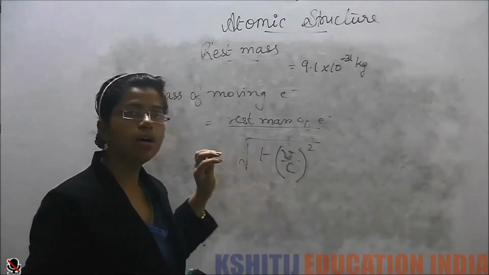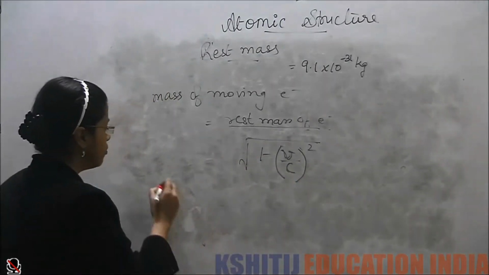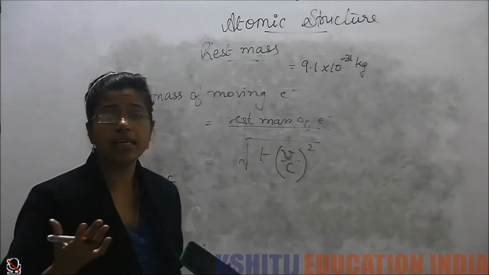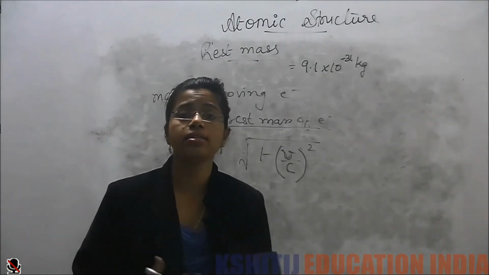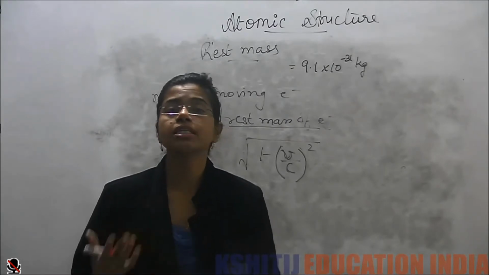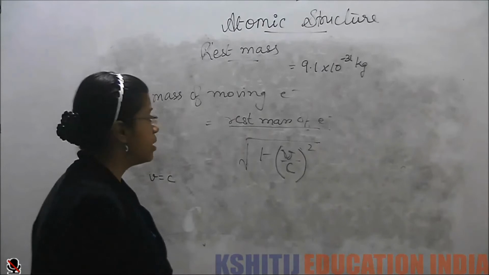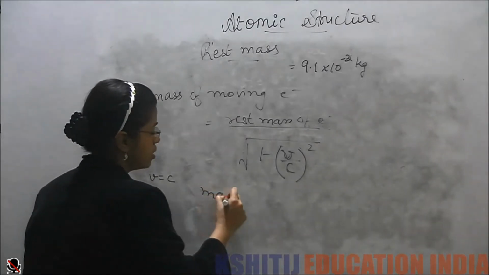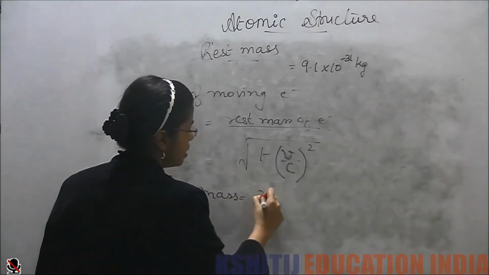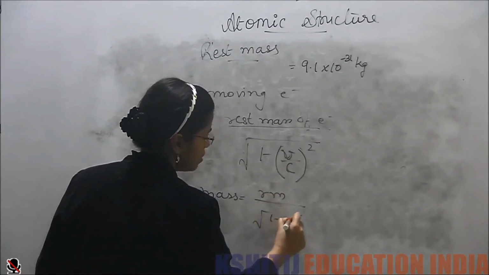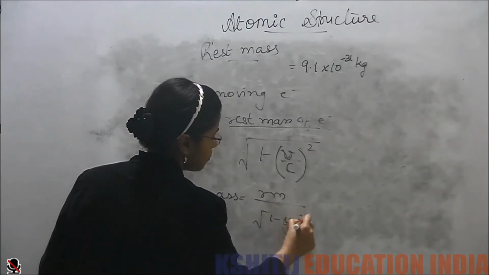So now, suppose v equals c. Let us assume that the electron acquires a velocity equal to the speed of light. Then if you put in the value here, the mass will be what? The mass will be the rest mass divided by under root 1 minus v upon c whole square, right?